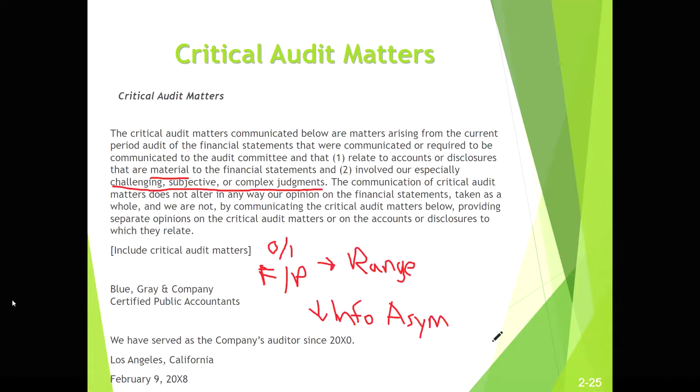When the auditors spend a lot of time in the client collecting evidence, they have a lot more information than the users do, right? And so this is an attempt to get the auditors to communicate more of that inside information to the users of the financial statements, okay?